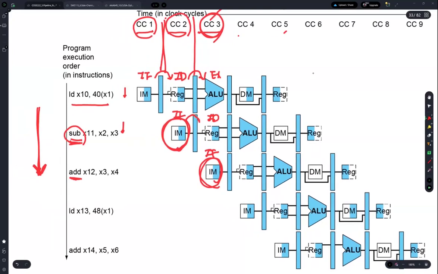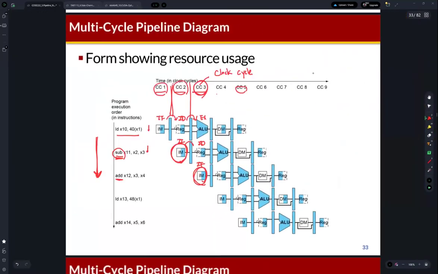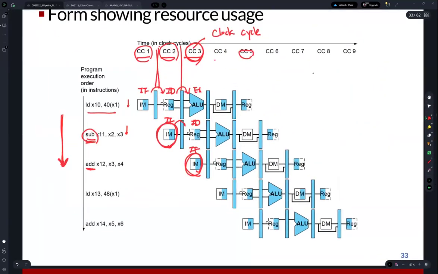So let's see clock cycle 5. If you see clock cycle 5, you can find that the load instruction is in the write back stage, and then the sub instruction is in the memory stage. And then the add instruction is in the EX stage, and then another load instruction is in the ID, and then another add instruction is in the instruction fetch stage.